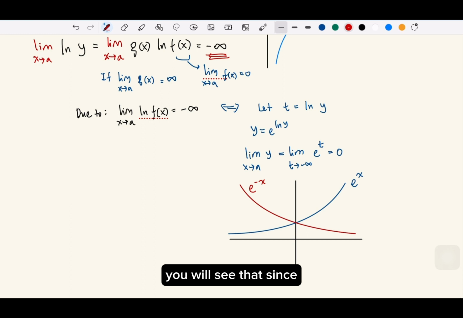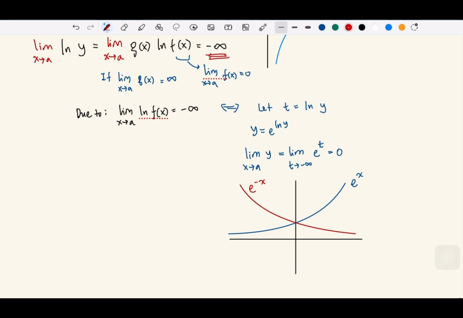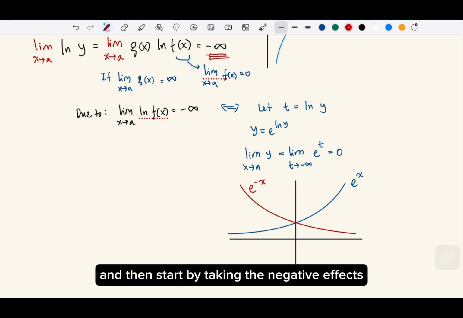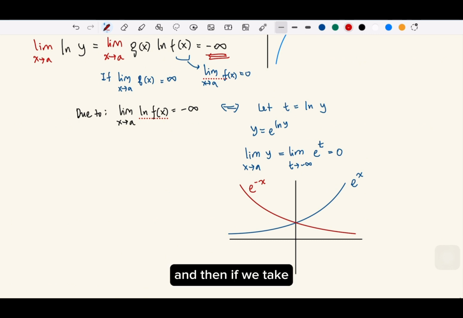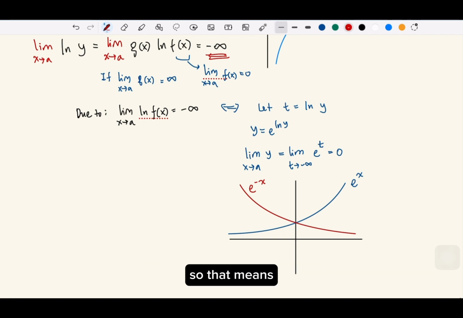You will see that if we increase x, it's going to be infinite, and if we move e to the x to the left, it's going to have the asymptote at 0. If we flip the curve by taking the negative x, when x is positive, it's getting 0, and if we take it to the left side, it's getting infinity. So if we write it in terms of e with power of t, and then we take t to the left side, then it's going to be 0.